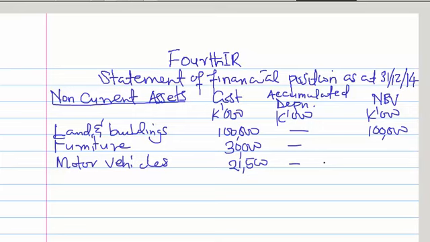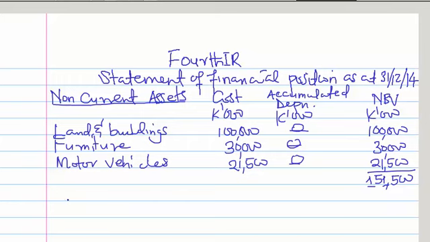Again, there was no evidence of depreciation. You can go check the question again. So we have 0 basically on those. You can even put those there, and that will give us 30,000 here and 21,500. When we add all those up, it should give us a total of 151,500. Just get your calculator and run through those to confirm.